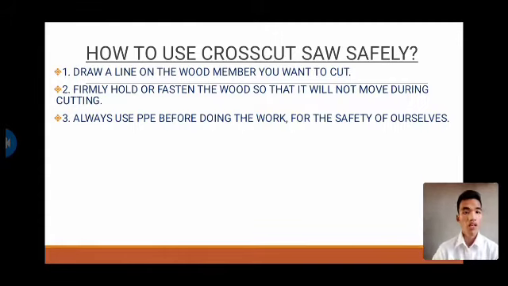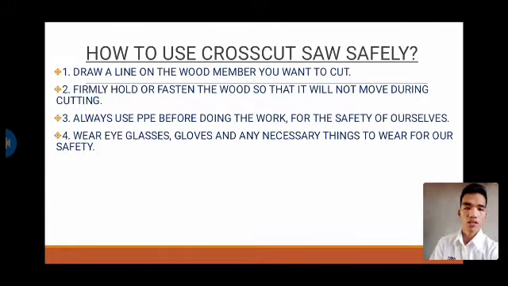Always use PPE before doing the work. Why do we need to use PPE? For our safety, to avoid any accident, so that we cannot be harmed extremely or seriously.